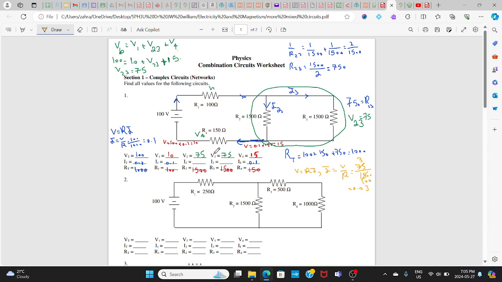So I2 is 0.03. The same thing here, because it's V over R, right? So it's going to be 0.03. Does that make sense?